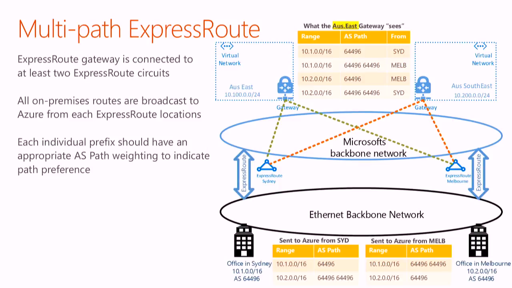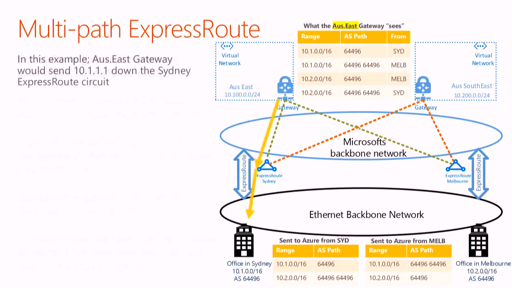So the two green paths are the shortest paths for the Sydney virtual network to reach the respective location, and the orange paths are the longer paths. So anytime this VNet wants to reach the Sydney office, it can choose the local ExpressRoute circuit and reach your on-prem network.